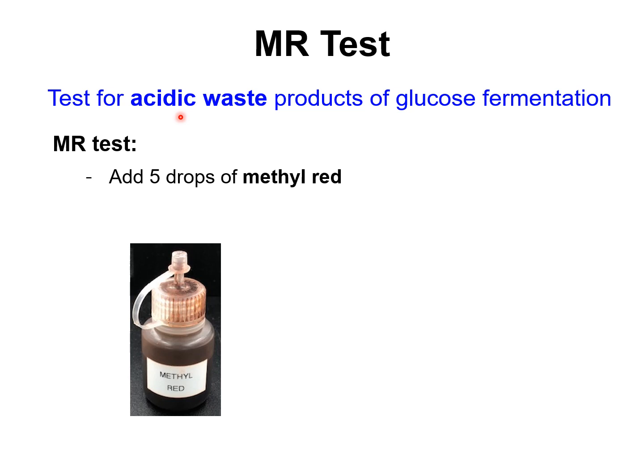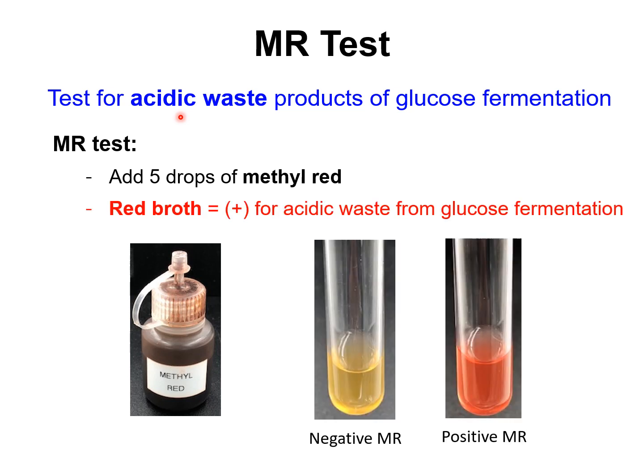And as I said, you get your bacteria culture and you add to it about 5 drops of that methyl red, and then interpret the data. So after adding the 5 drops of methyl red, take a look at the results. Notice how right here this one is yellow. Well, this is negative.